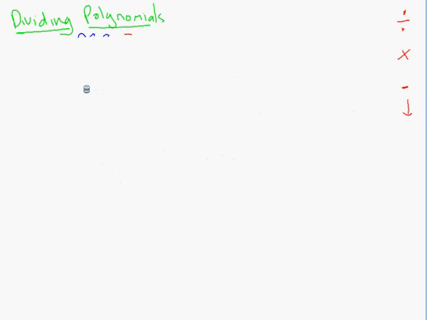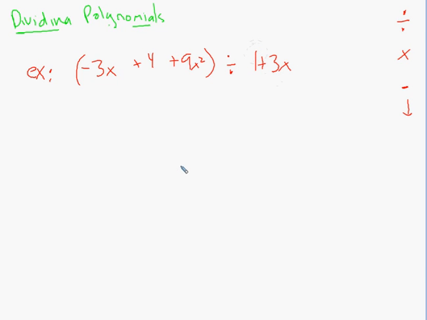Now let's actually try a polynomial one. For example, let's say I have negative 3x plus 4 plus 9x squared, all of that divided by 1 plus 3x.